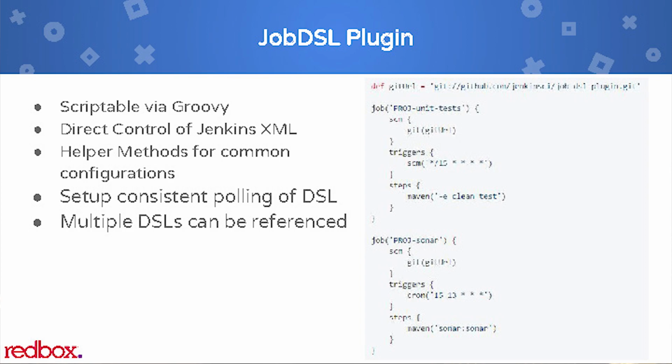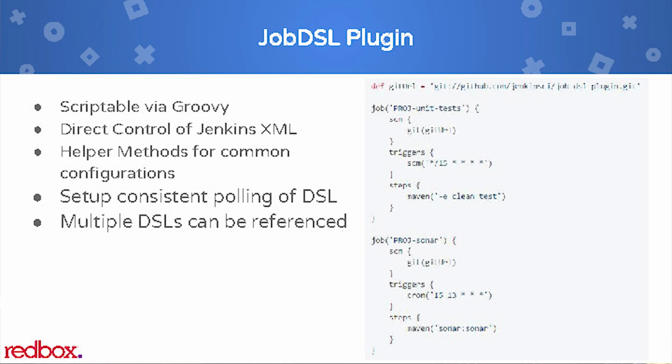You can create helper methods for common configurations. So things like your SCM triggers, your steps, if you kind of see there, you can define your triggers, check every 15 minutes, steps, run these Maven commands, right? You can ultimately set up a consistent poll of a job DSL and have it applied. Imagine you have your Jenkins job defined in each of your application repos.